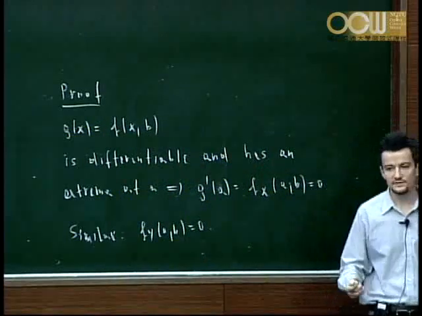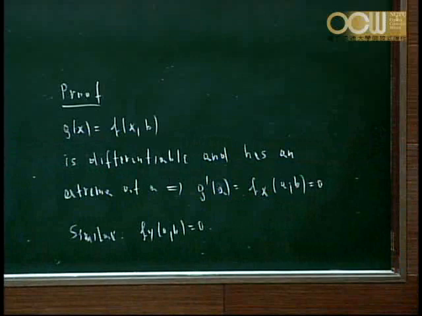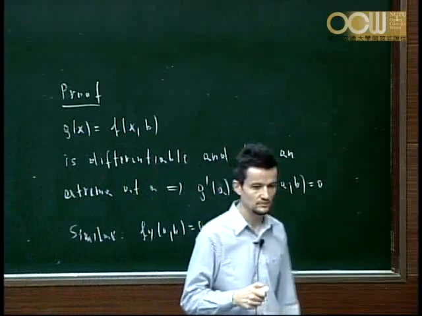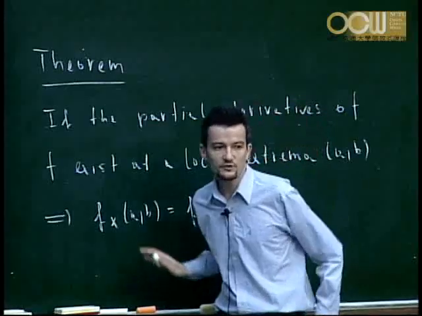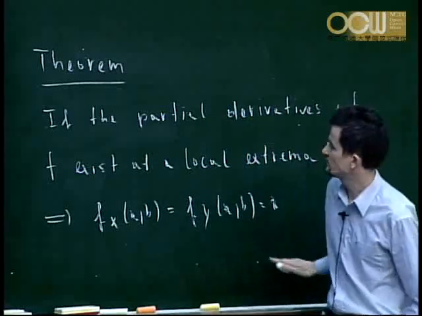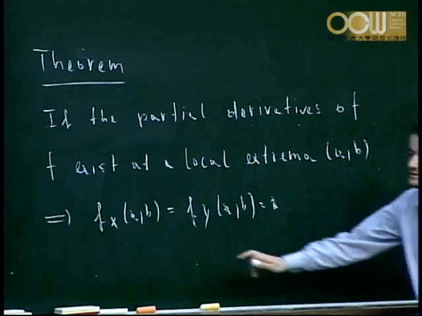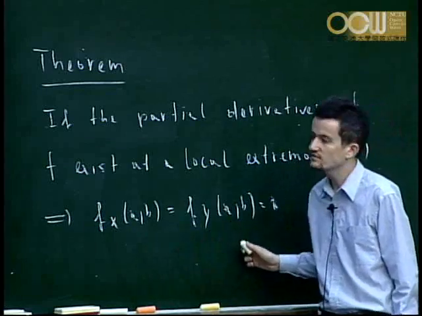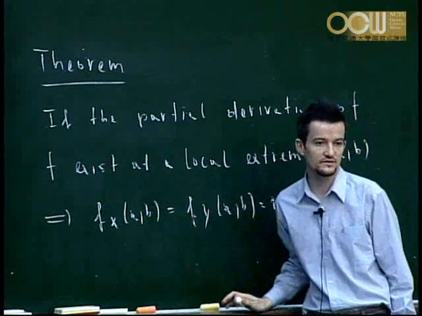Okay, so last semester, what was the next step? Based on this theorem, we defined critical points. Critical points are the sets which are possible local extrema. Because of this result, we just have to look at the points where both partial derivatives are equal to 0, and at the points where partial derivatives do not exist.